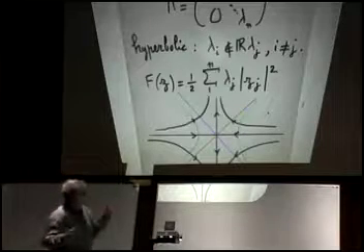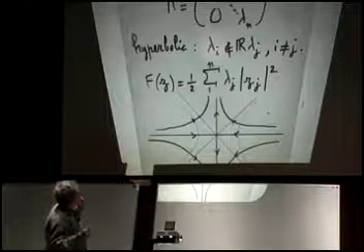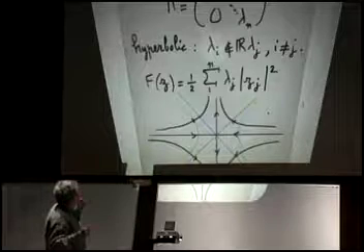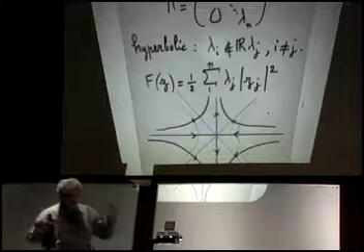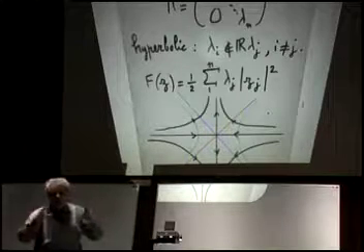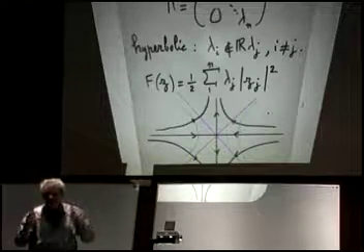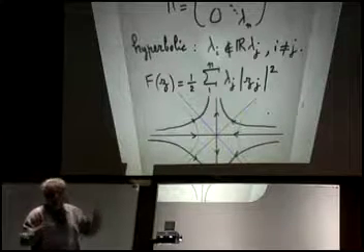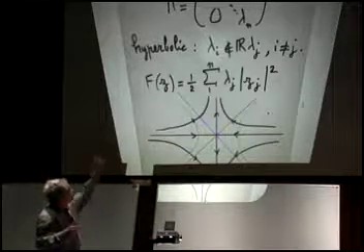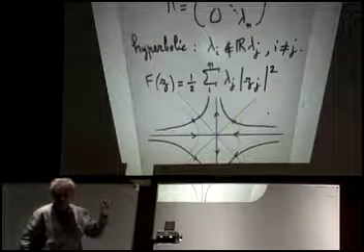And the classification is not complicated. The interesting case is that of the Siegel domain, which means that the convex hull of the eigenvalues contains zero in its interior. It's in the interior because of the hyperbolicity hypothesis.